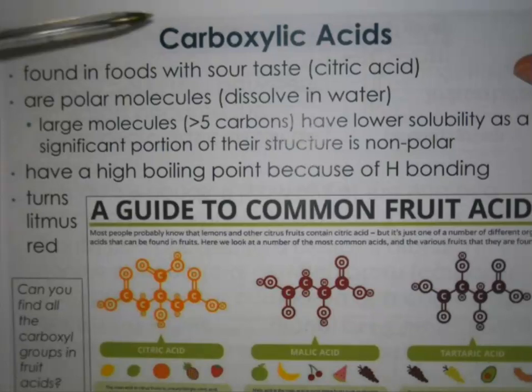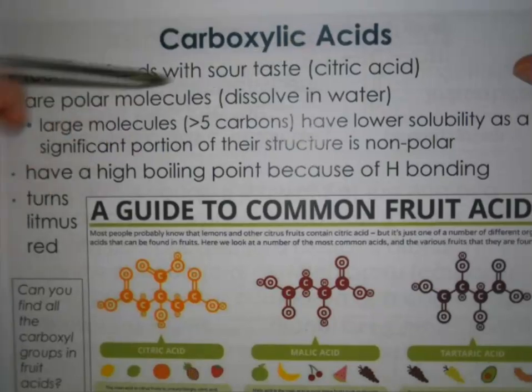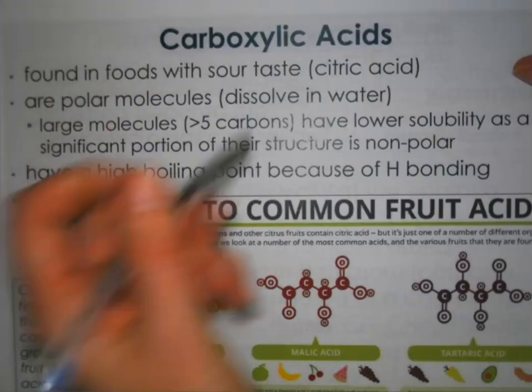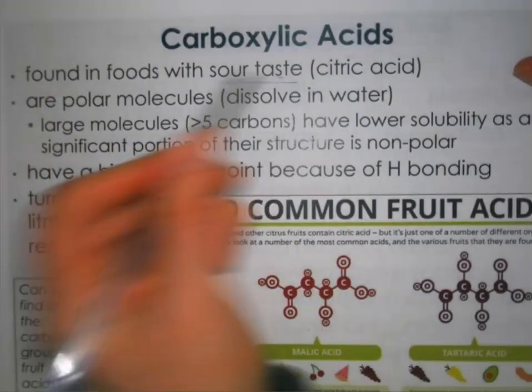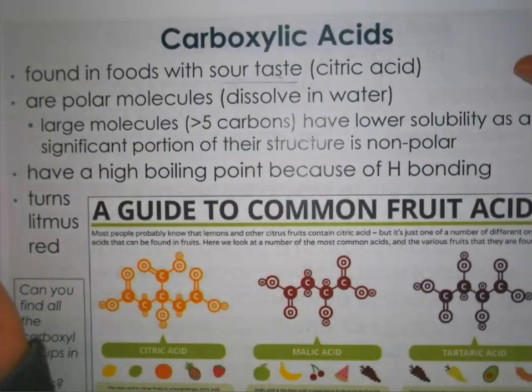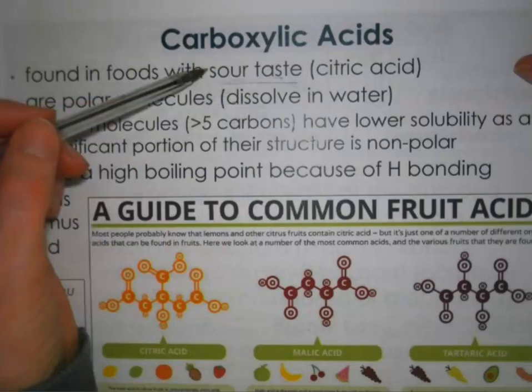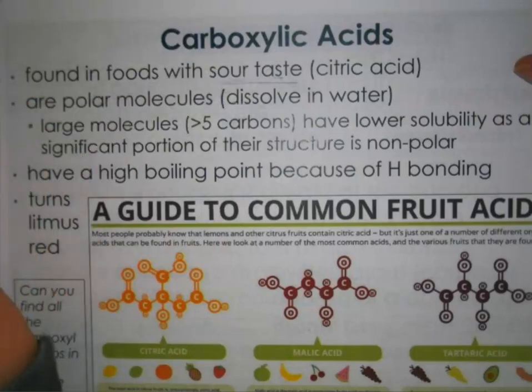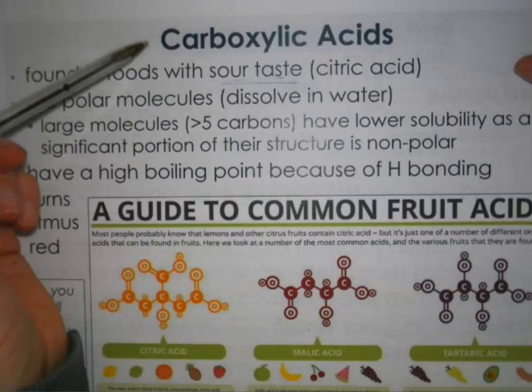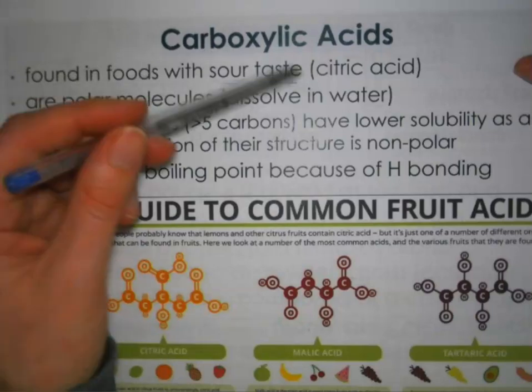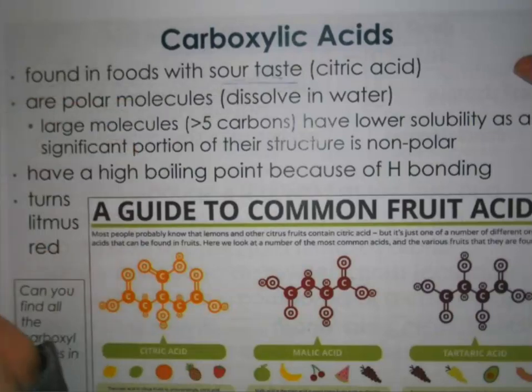One is that because they are an acid, they're associated with a sour taste. Obviously we wouldn't say that if you're in the lab and you're not sure what something is, do a taste. But in a test situation, if you were asked for a physical property test you could do with a carboxylic acid, one of them could be identifying a sour taste.